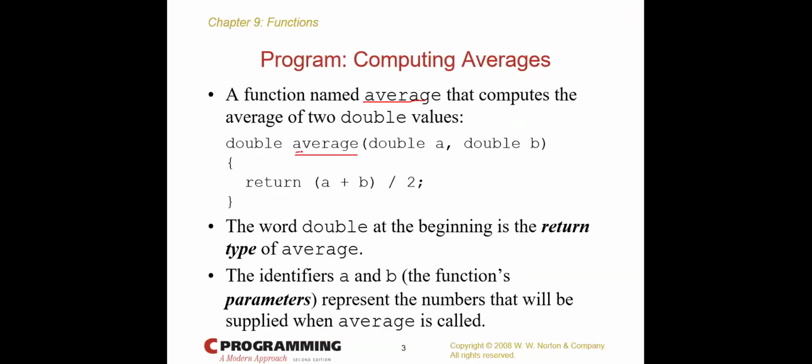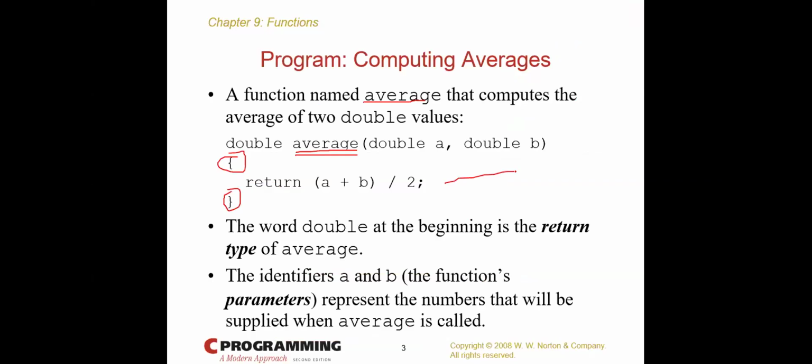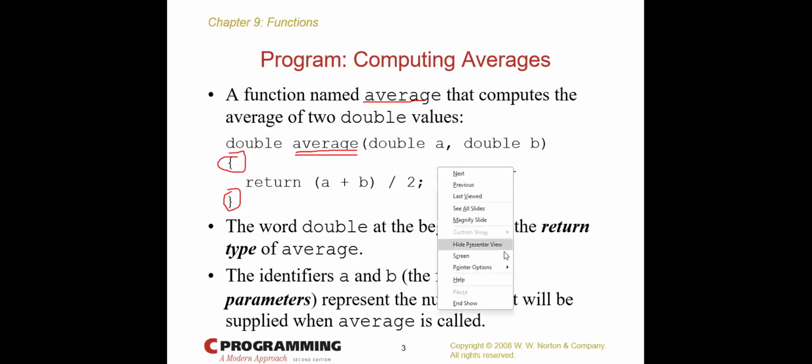It has items inside of it that have been grouped together using the braces. We said it has its own declaration and then its own statements. In this one, we have its statement. We don't have new declarations here because it doesn't need new variables. Okay, so let's begin to explain this function.